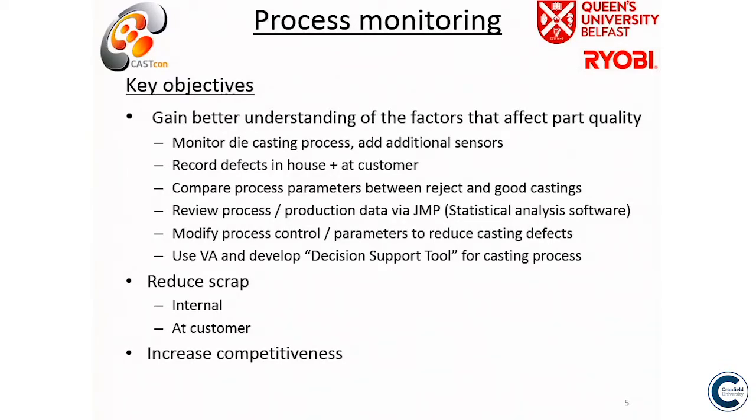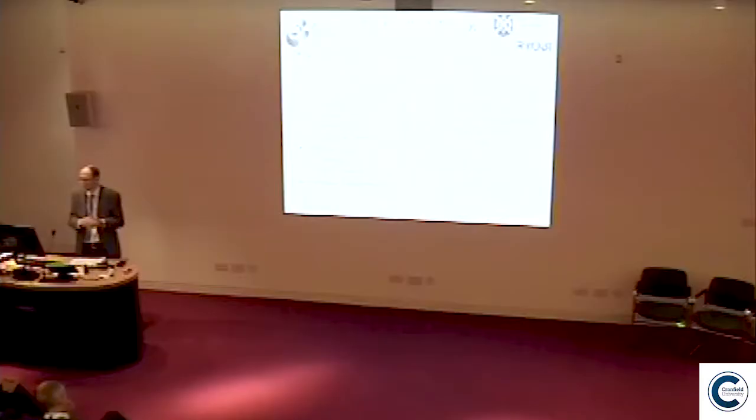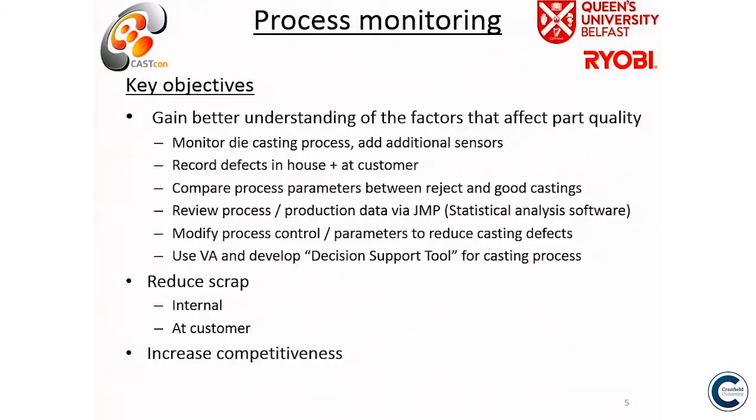Then we want to use visual analytics, which Danny will explain more on, to create a decision support tool for the casting process. The end goal ultimately is to reduce our scrap rate, both internally and at the customer, and ultimately to increase our competitiveness.